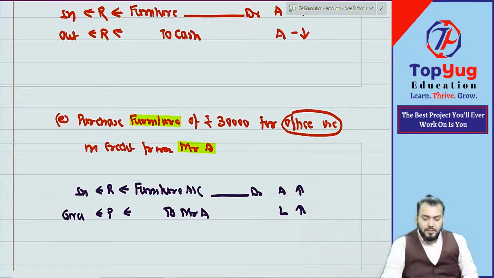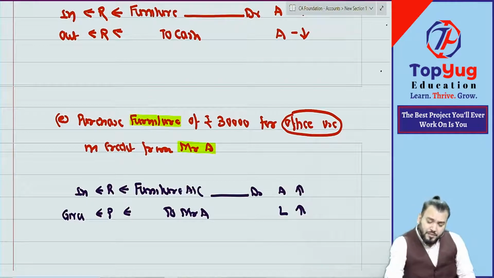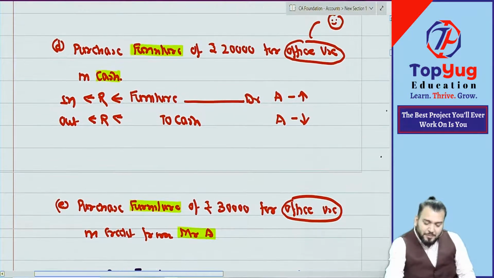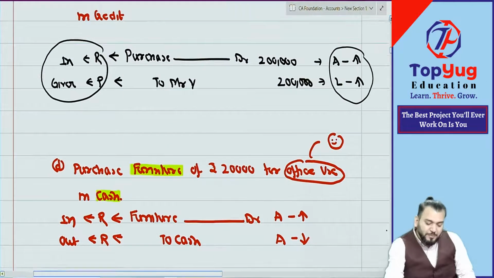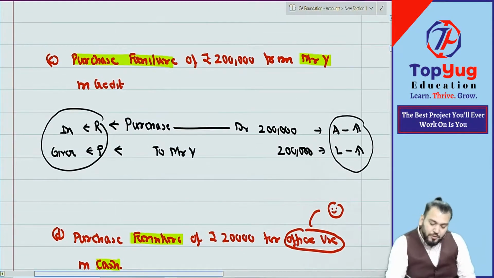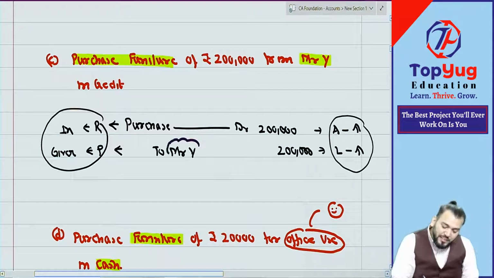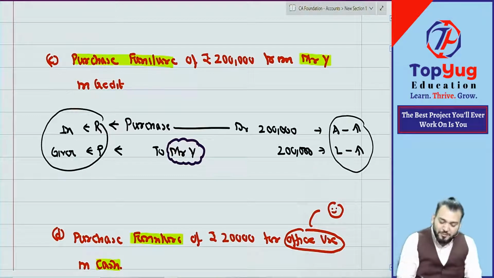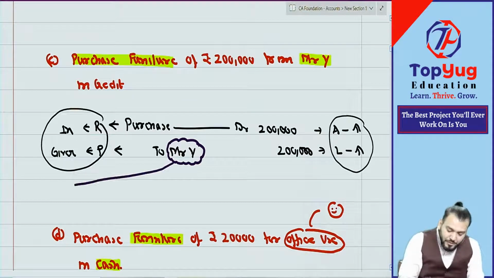Correct? Now, you can see, if we had first purchased goods from Mr. Y on credit, this Mr. Y is known as what? Trade creditor.